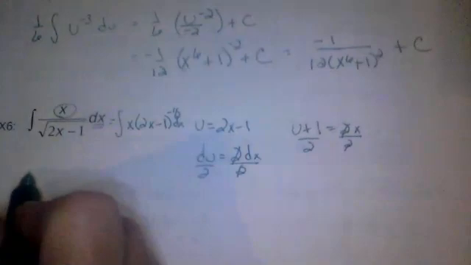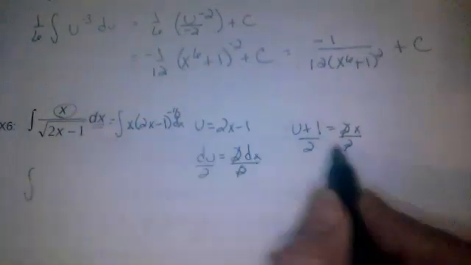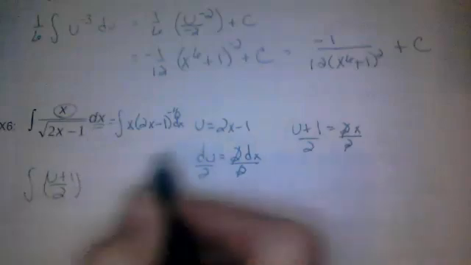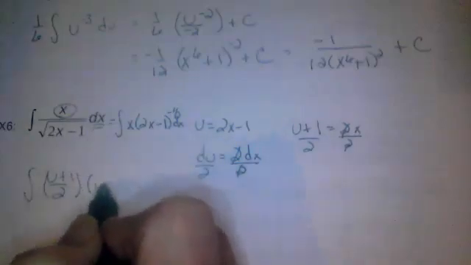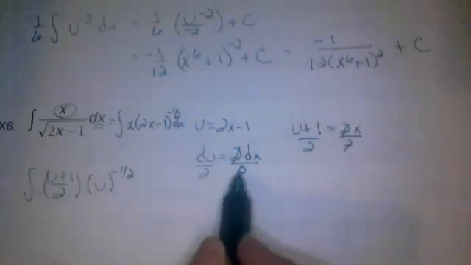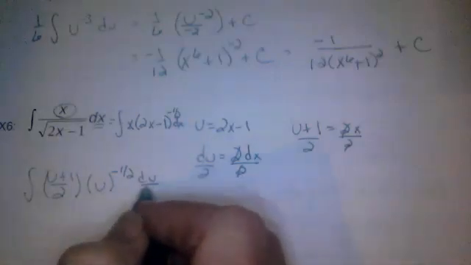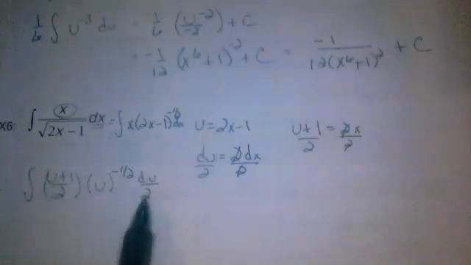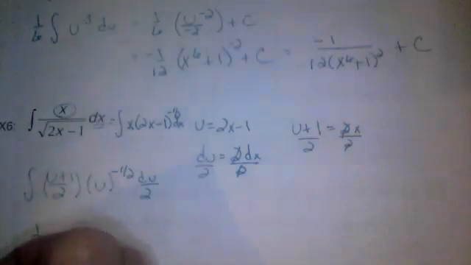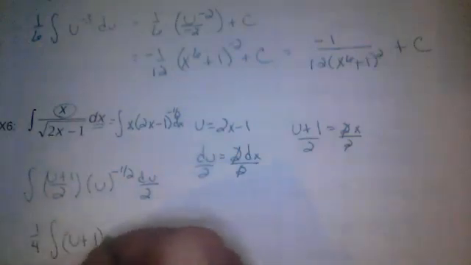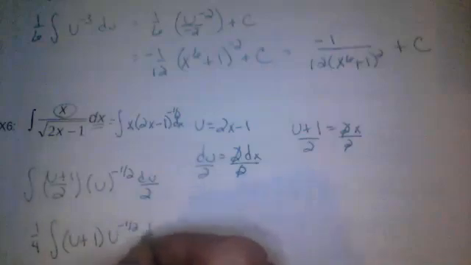So we're going to replace everything now. We have this x is u plus 1 over 2. And then we have our u value to the negative 1/2 power. And then the dx is du over 2. So we're pulling out a 2 and a 2, or 1/4 times the integral of u plus 1 times u to the negative 1/2 du.